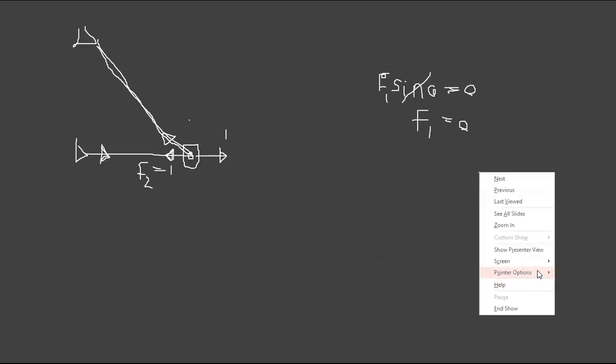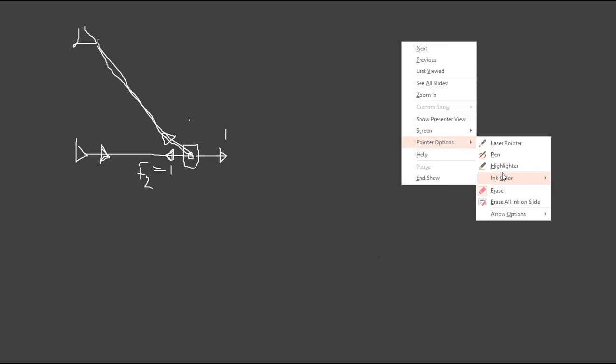So you need the member force. So for member, this is the member AB and BC. So you need the displacements, right?